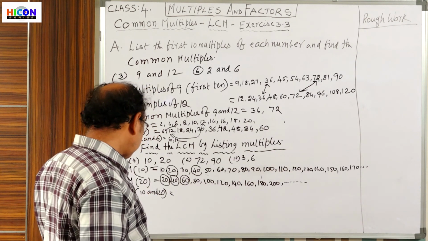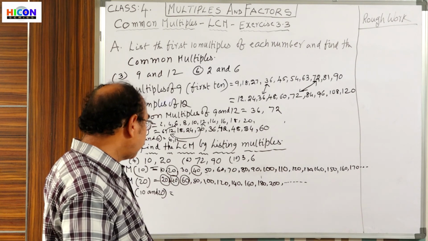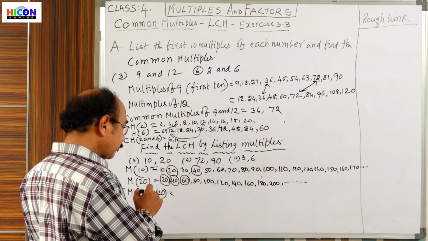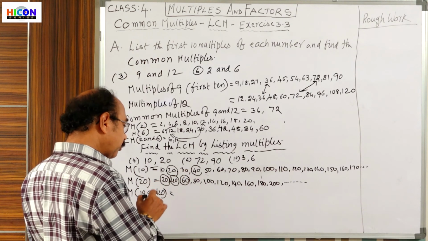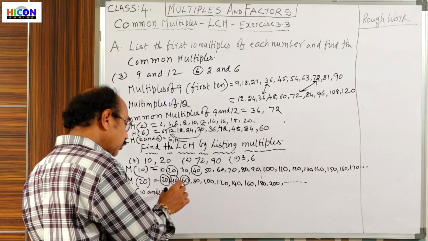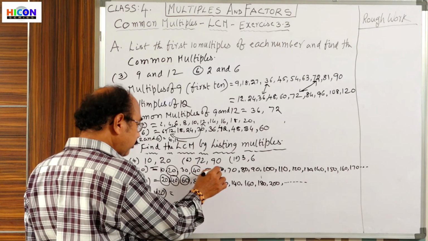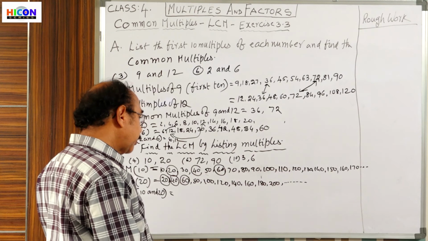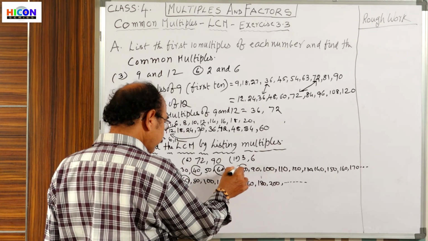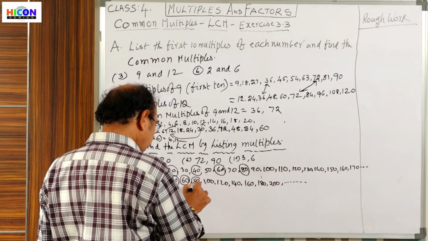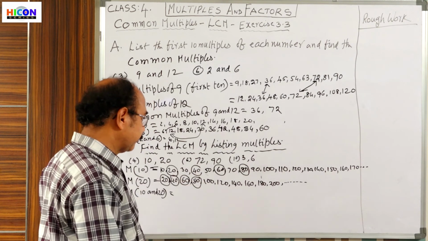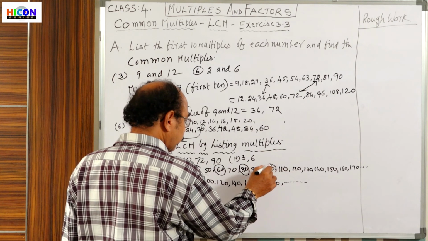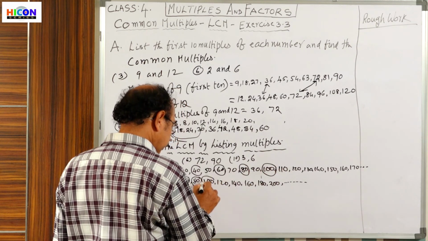Next one. Now common multiples of 10 and 20. What are the common multiples? 20 is common. Here 40 is common. And 60 is common here. Next, 80 is there. 80 is the common multiple. Next one, 100 is the common multiple. Here also 100 is there and here also 100 is there.